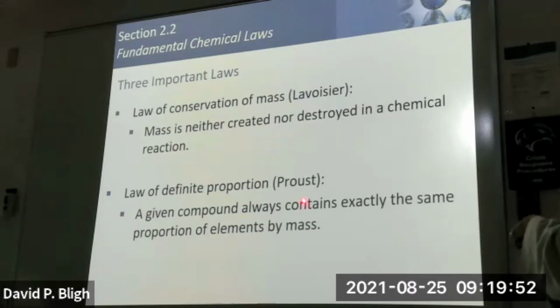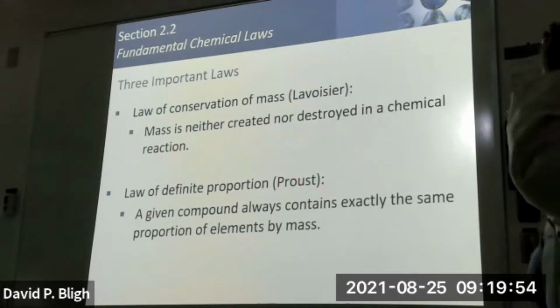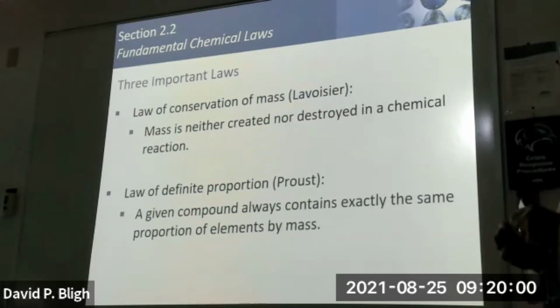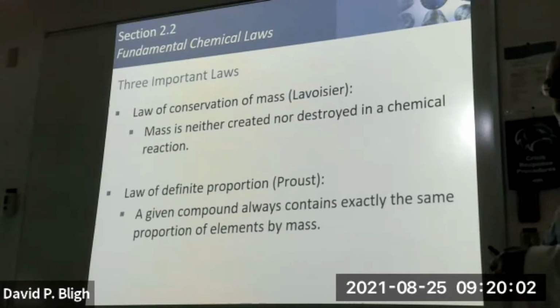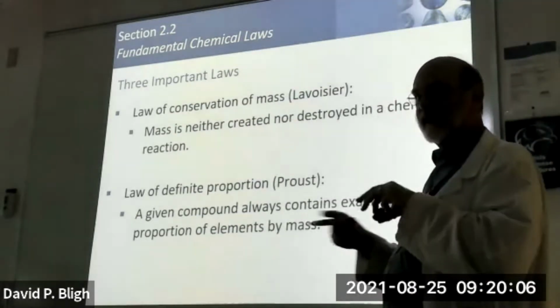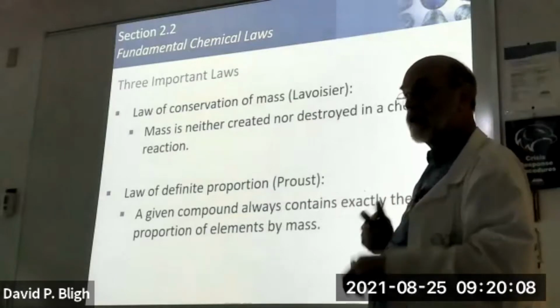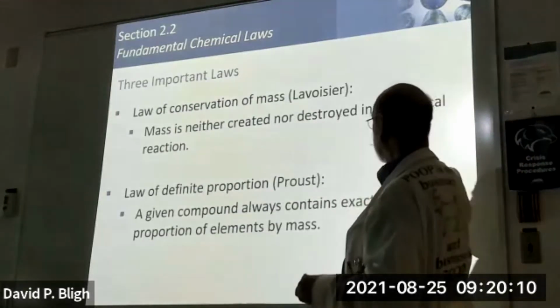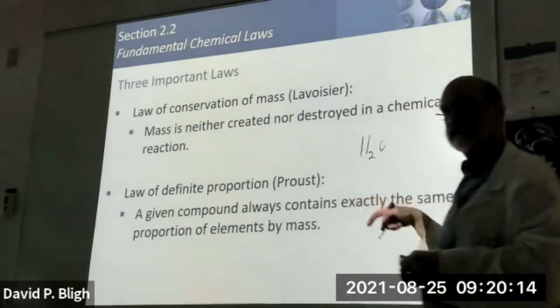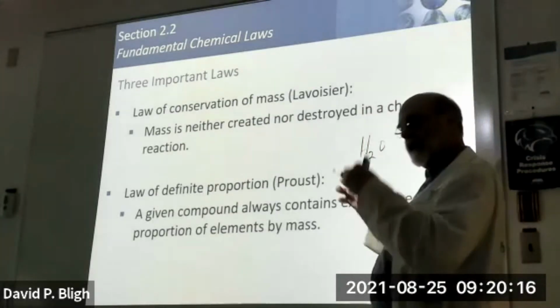Then there came along Proust, who was another Frenchman. And he said that for any compound, and we haven't even defined compounds yet, have we? Right, for any compound, say you need 2 or more different elements combined as a single unit. So water would be a perfect example. Like you got hydrogen and oxygen combined together, and they act like a unit.